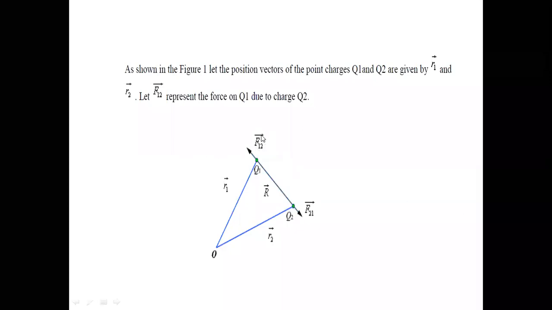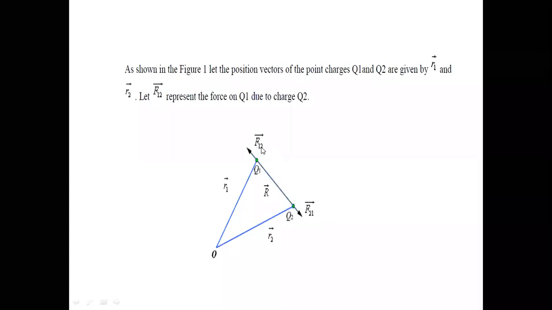Again, force is a vector quantity. The direction is required, where the force is experienced by the charge, and that is why force is a vector quantity. It is always represented with a bar or an arrowhead over it, and that is why the sequence we write here is also important, because it indicates the direction.